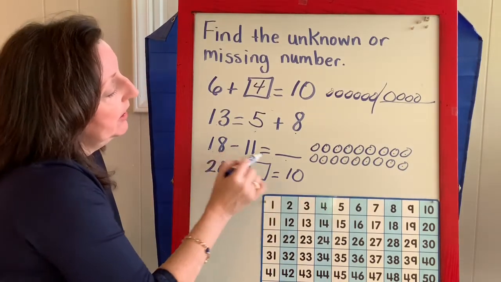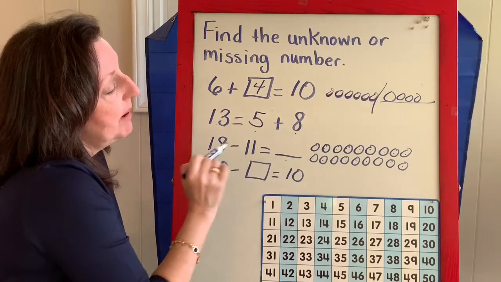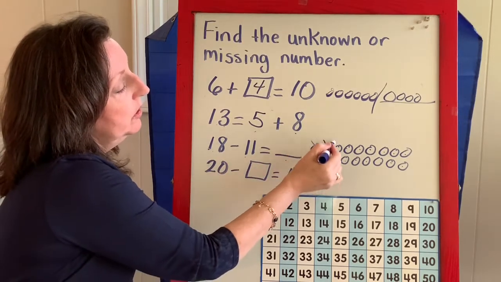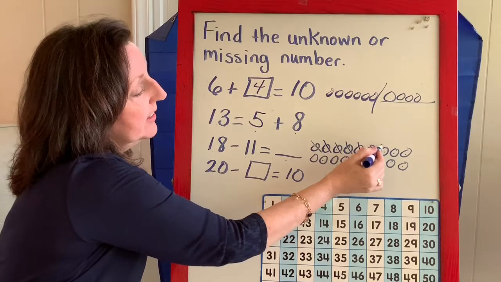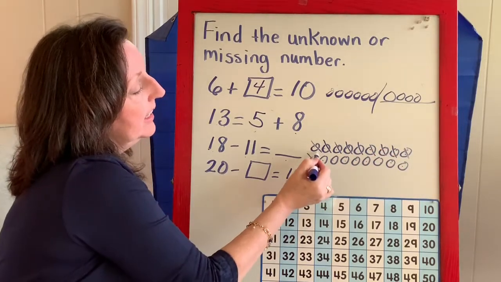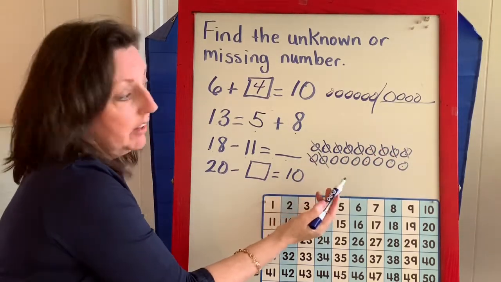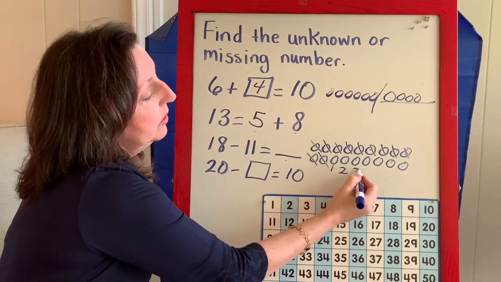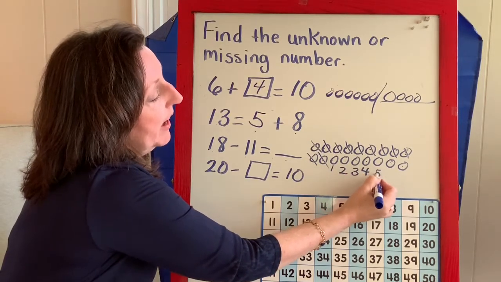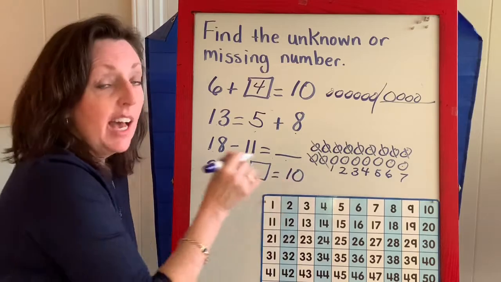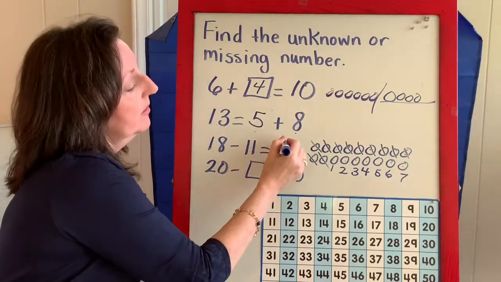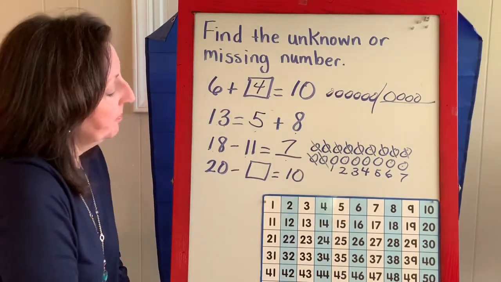And I could come over here and mark out 11, and I'll have my missing number. 1, 2, 3, 4, 5, 6, 7, 8, 9, 10, 11. Let's see what I have left. 1, 2, 3, 4, 5, 6, 7. I know a lot of you like to do that, numbering as you're counting.